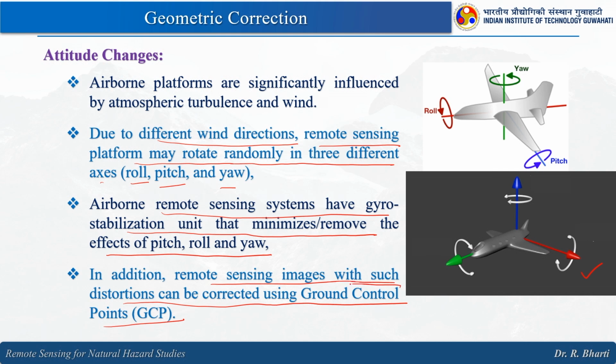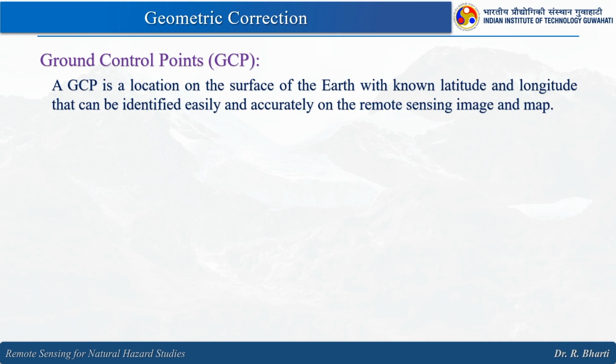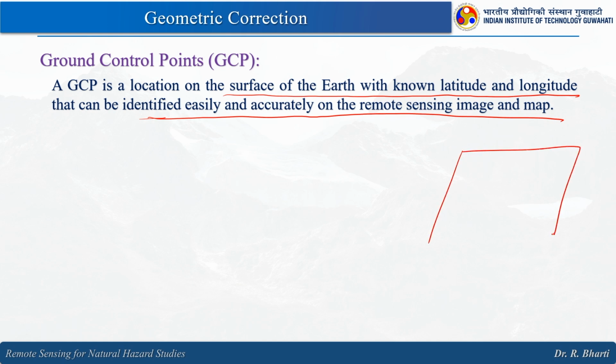So now this ground control point is very important. We also call it GCP. A GCP is a location on the surface of the earth with known latitude and longitude that can be identified easily and accurately on the remote sensing image and map. Because what happens, you have, let's say, a satellite image which has pixels, and these pixels have latitude, longitude and DN values.